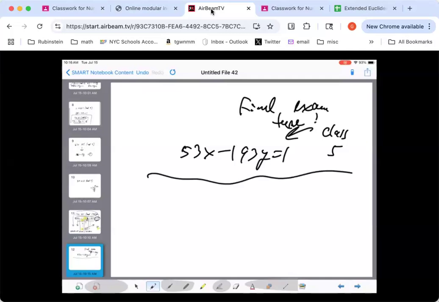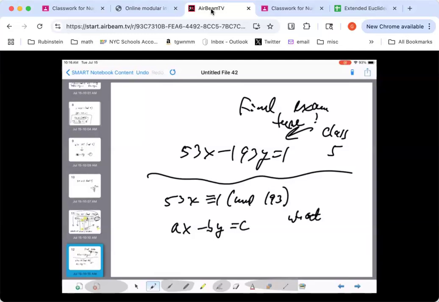Another final exam type question would be, to solve 53x is congruent to 1 mod 193, I can do ax minus by equals c. What are a, b, and c? And you would say 53 minus 193y. And then you would end there.